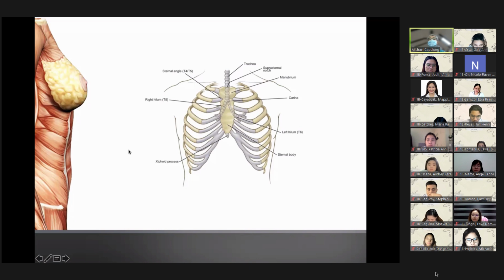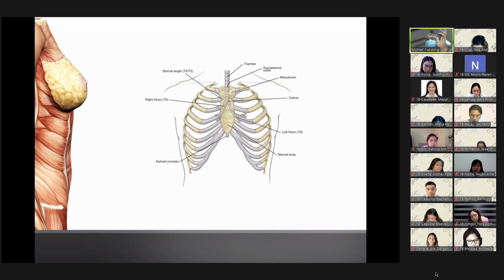Okay. Now, aside from these lines, we can make use of your bony indentations of the thoracic wall. And we can make use of this, especially if you have a lean patient or a lean individual, wherein you can actually see or touch these bony indentations.